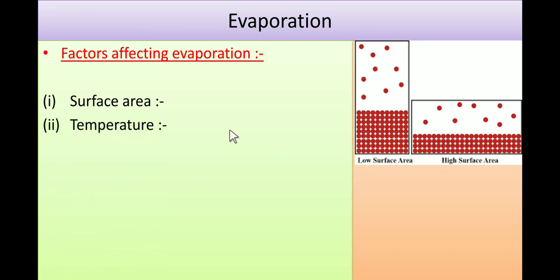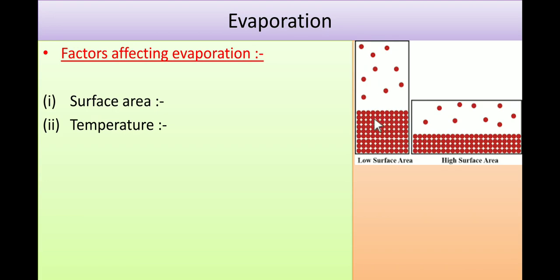Next, temperature. The rate of evaporation of a liquid increases with rise in temperature. With increase in temperature, more particles get enough kinetic energy to go into the vapor state. That is why evaporation is faster on a hot summer day than in winter or on a cloudy day.